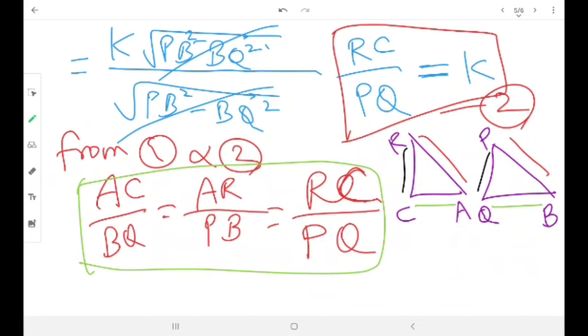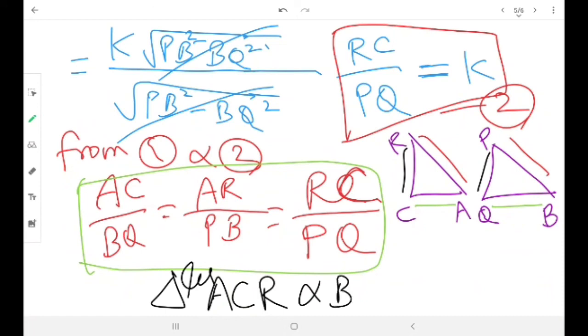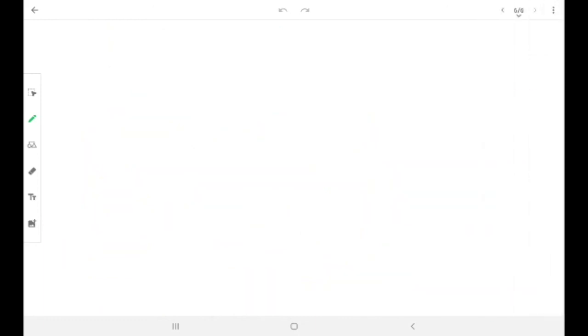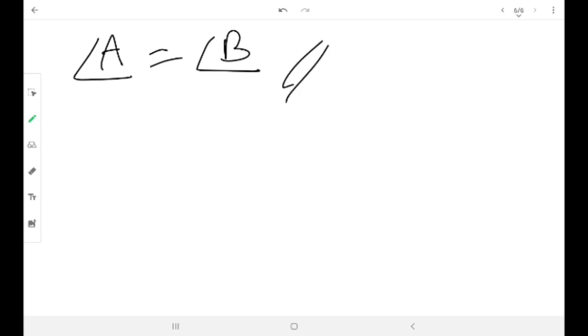That is, both the triangles are similar. Triangles ACR and BQP are similar triangles. If they are similar triangles, then we can say that angle A is equal to angle B. Good.